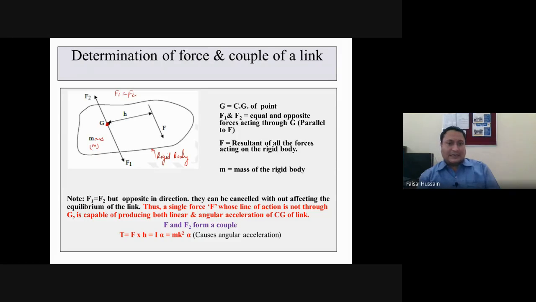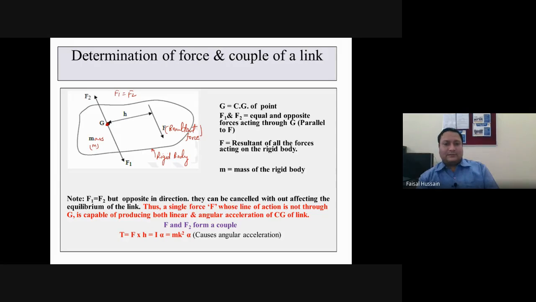So a single force F, which you can call the resultant force, whose line of action is not through the center of gravity but is parallel to the forces F1 and F2, is capable of producing both linear and angular acceleration of the CG of the link.